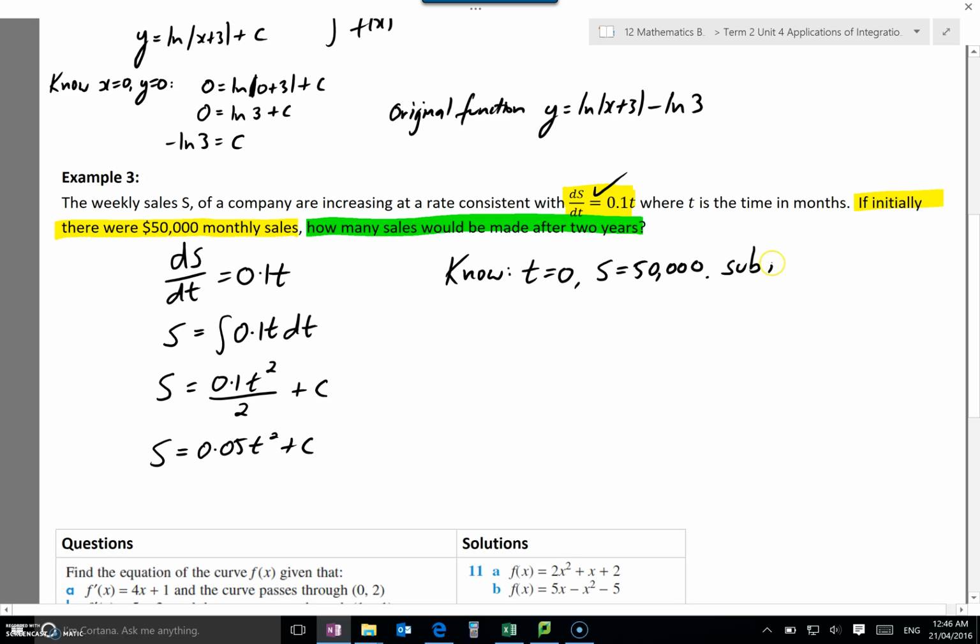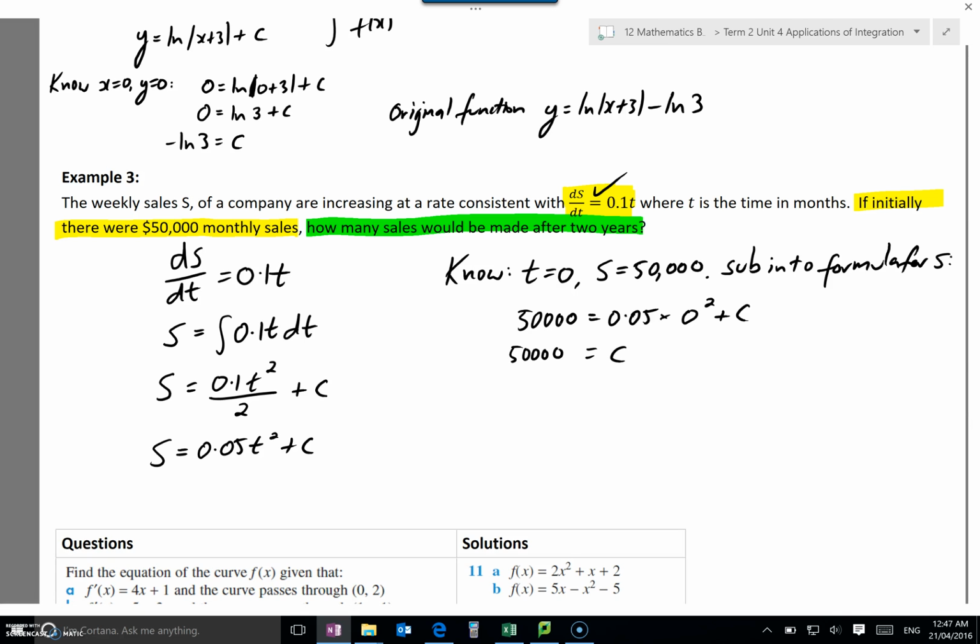I'll communicate what I'm doing: sub into the formula for s. So 50,000 equals 0.05 times 0 squared plus c. The c value is 50,000. Looks good.